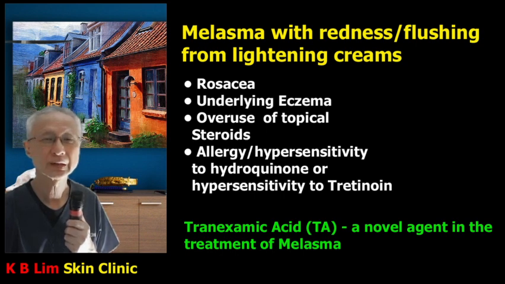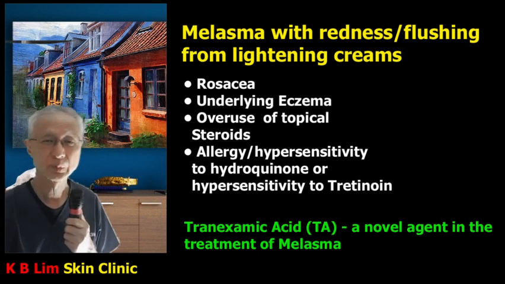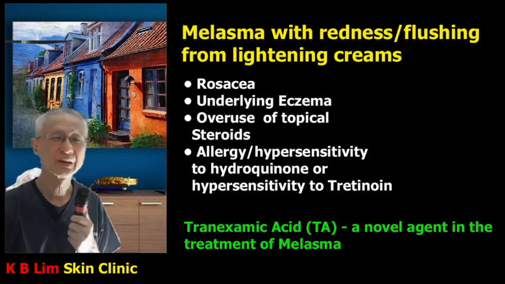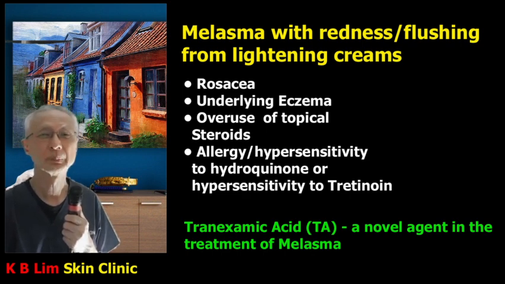So that's why tranexamic acid, which you will learn about in the video for which I've provided a link, works by blocking vascular endothelial growth factors, or VEGFs. These factors can be blocked, and then melasma can also be improved. So you improve both the flushing as well as the melasma.